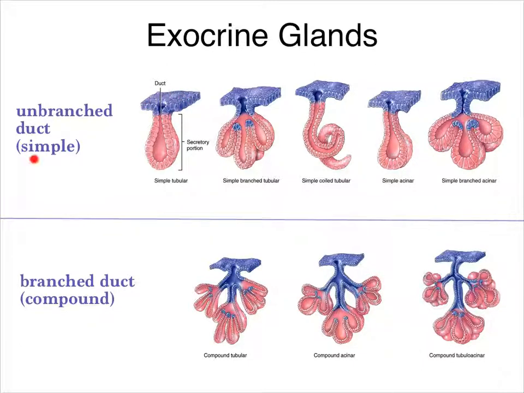That's what simple means. Or they can have branched ducts, right? Where the duct itself is branched, and then you have tubular acinar or tubulo-acinar glandular areas. But these are called compound, and that means that the duct itself is branched.